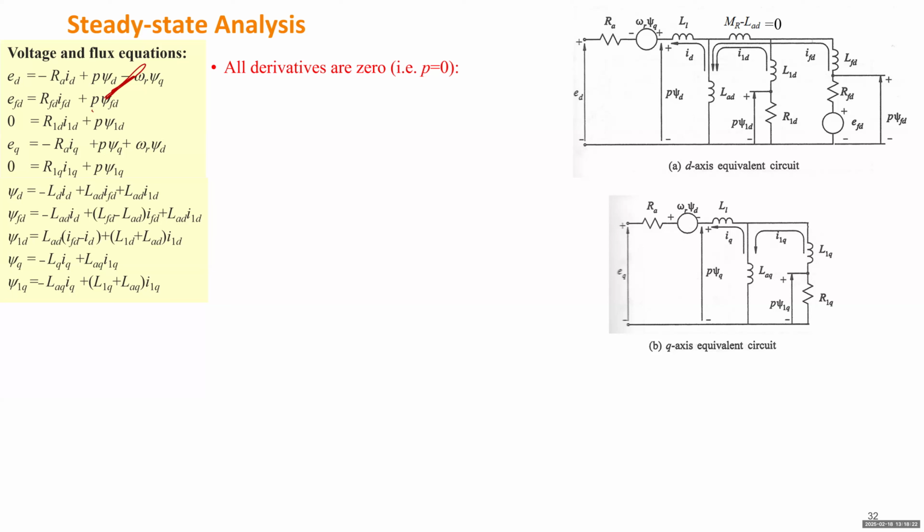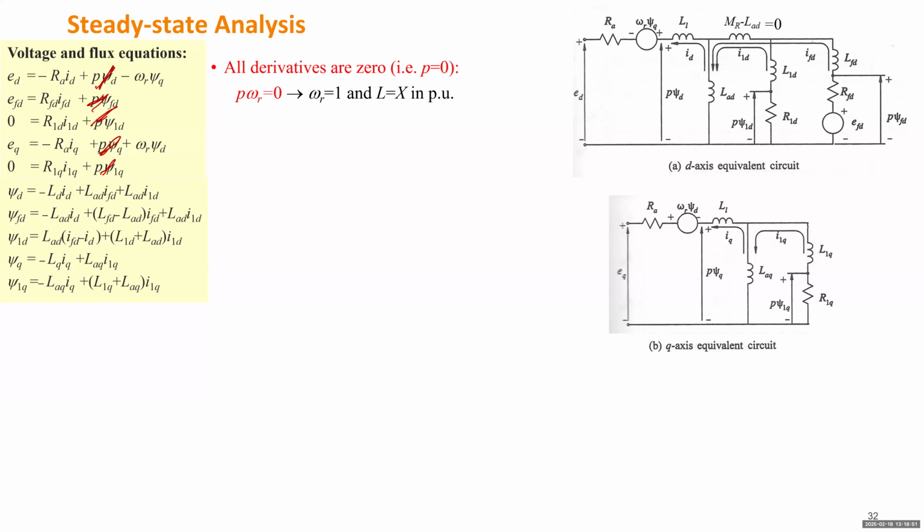Okay, so any term with P will be zero. We just get rid of those terms. So the remaining part will be the static condition. And there's also something else we can further simplify. I will talk about that.